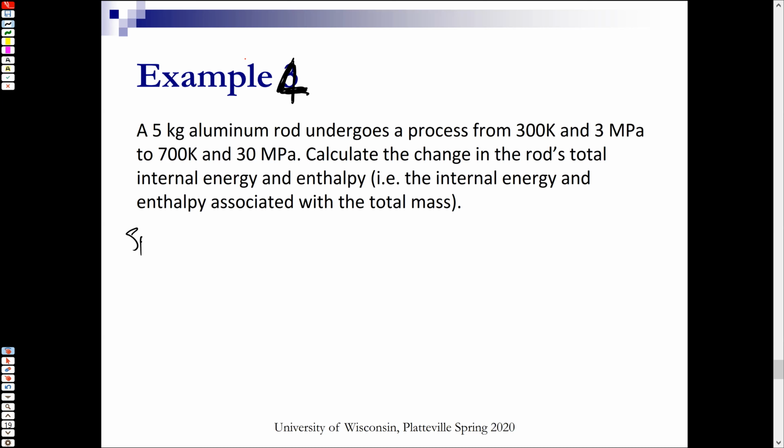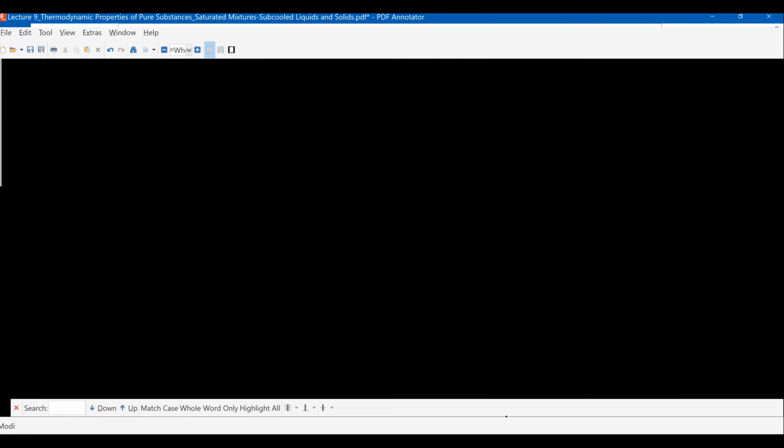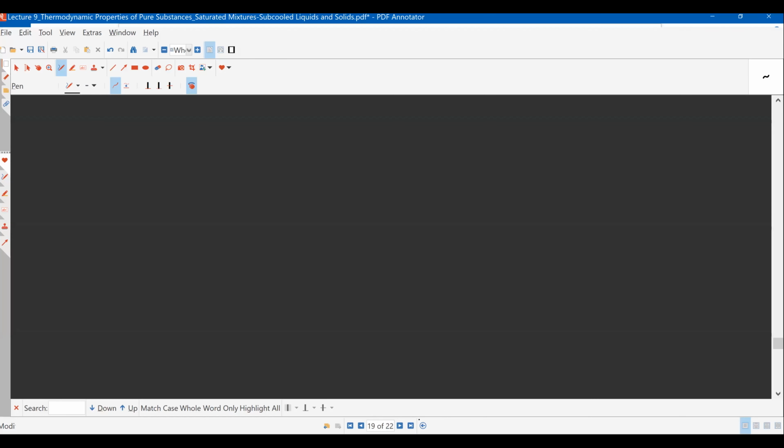So step 1, I go to the index to tables, and because everything is in SI units, I use the SI tables, and this is on page 925. If you go to that table, let me show the table.